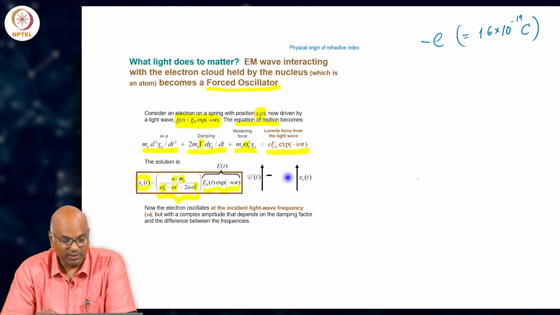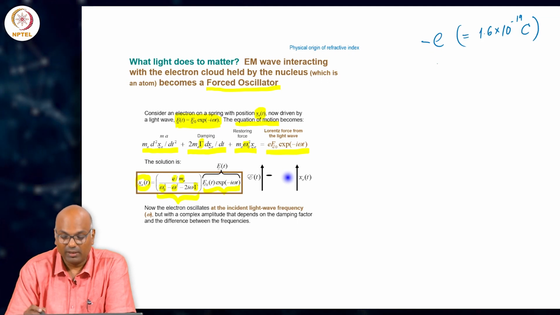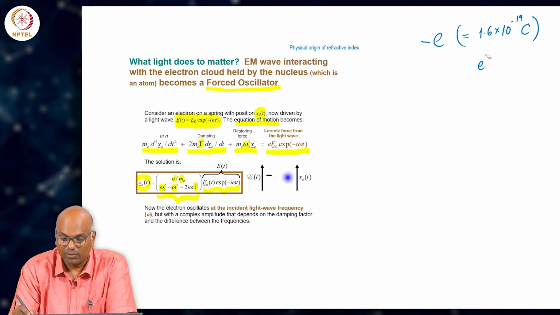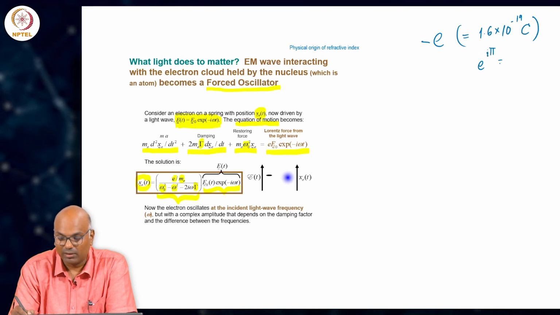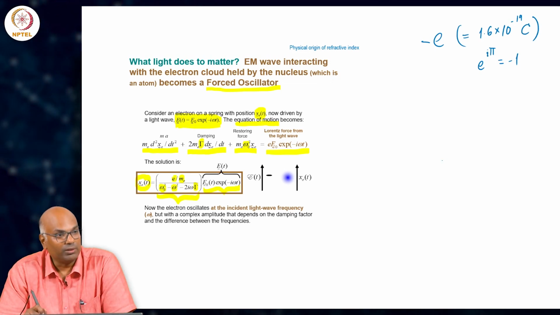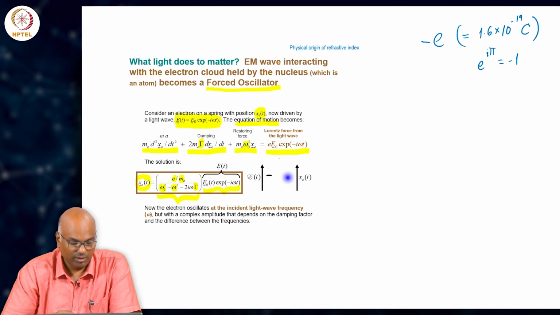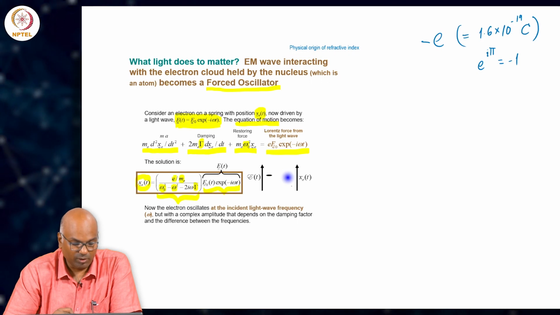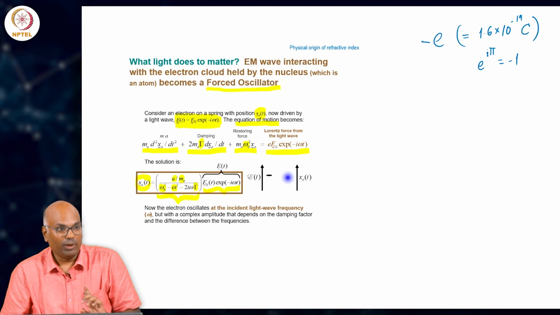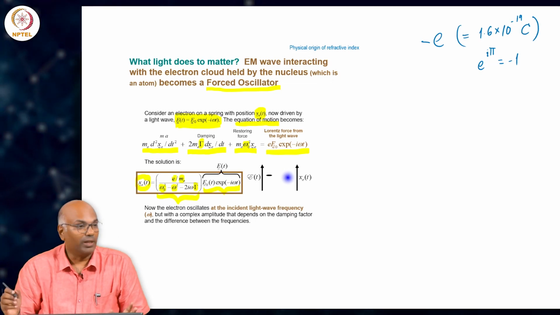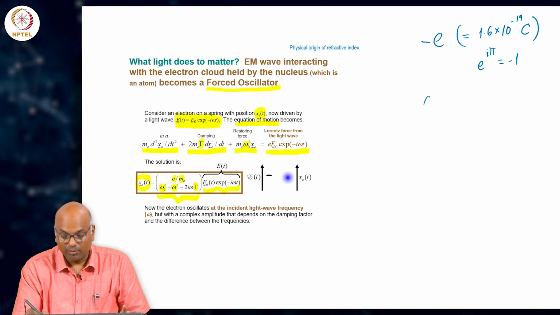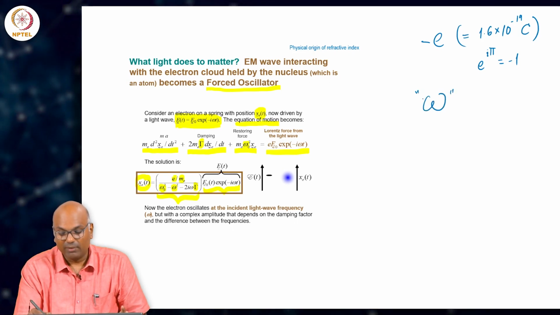Because there is a negative sign, and e to the i pi is minus 1, there is a pi out of phase motion between the oscillations of the electric field and the electron being driven, but the point being that the motion of the electron and the field that is driving it both oscillate at the same frequency omega.